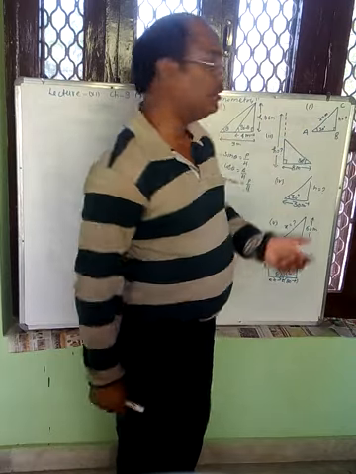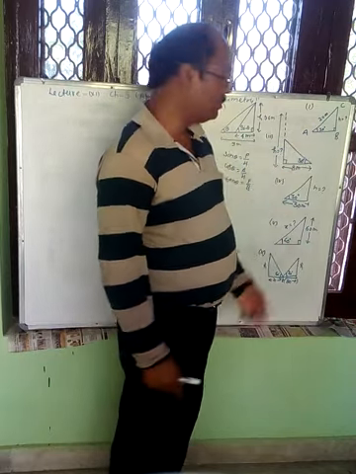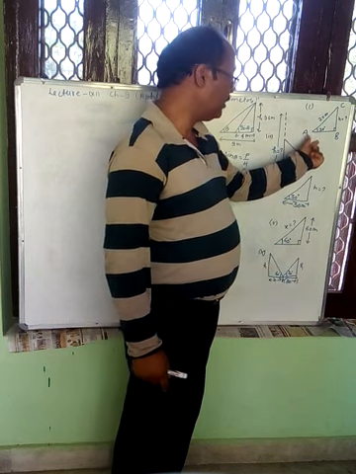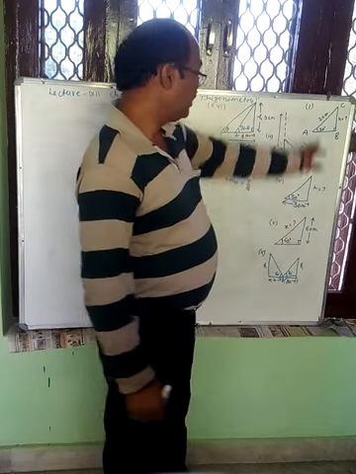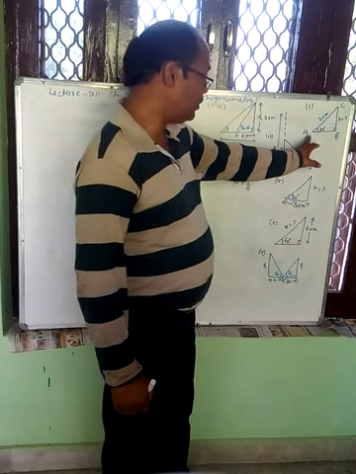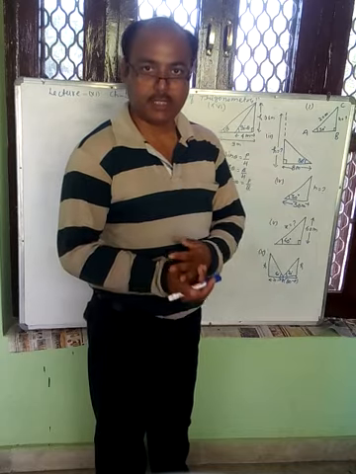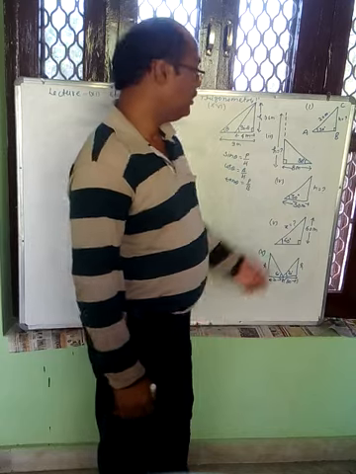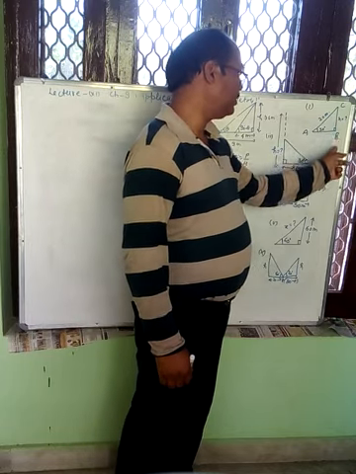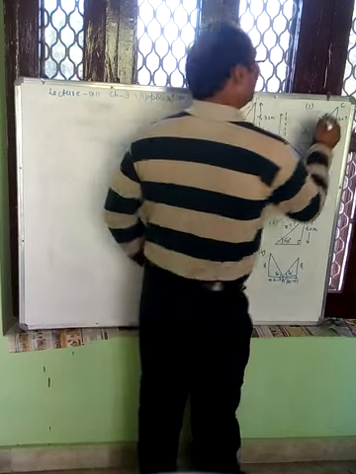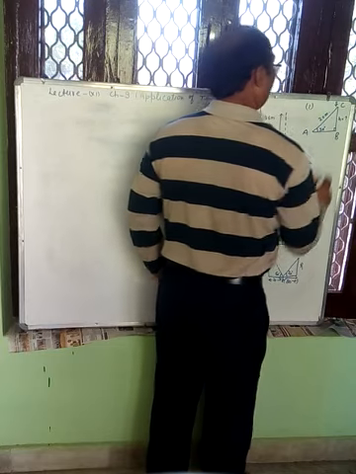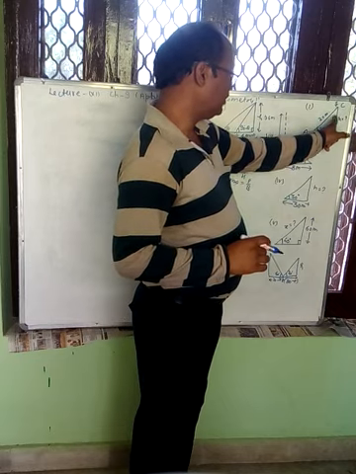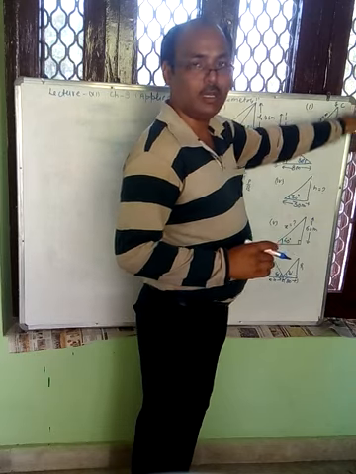We want to find this height, or the angle from this point A, that is the angle of elevation. If the length of this string, the length of the thread, is given, for example 20 meters, then we want to find the height of this kite from the earth's surface.